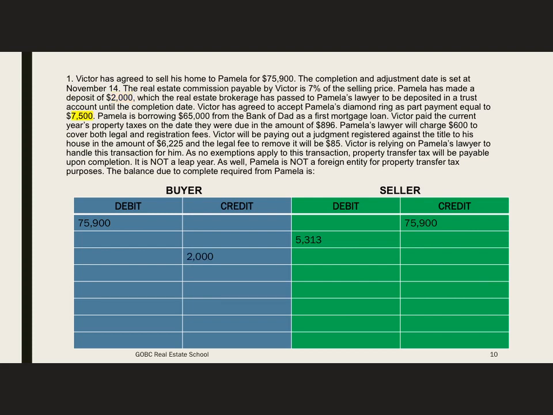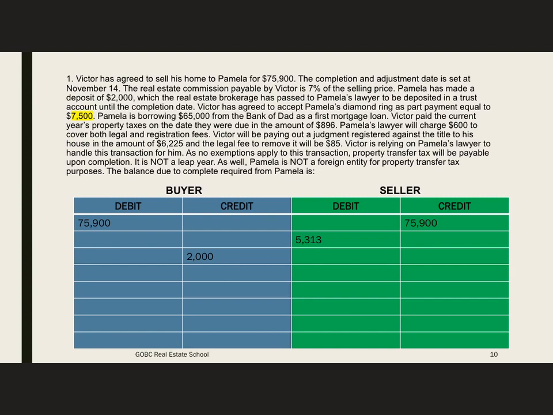So a lot of people get confused as to why deposits are credit instead of a debit. Yes, Pamela is paying that money, but it is being paid against the purchase price. So we need to give her credit for it so she doesn't pay the full amount again.